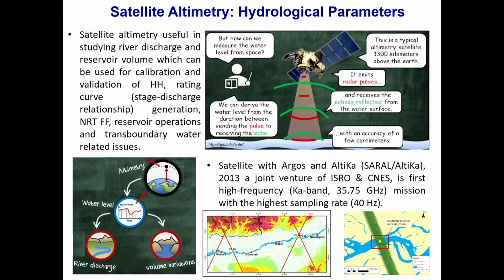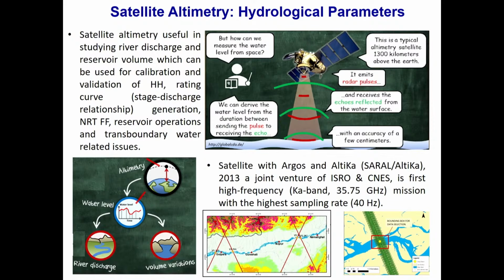So how it basically works, this is the typical altimetry satellite on the right side. It sends a pulse, shown in the red color, and receives the echoes reflected from the water surface. These are received with an accuracy of a few centimeters, and water level can be derived from the changes, as the water increases, so the travel time also will change.